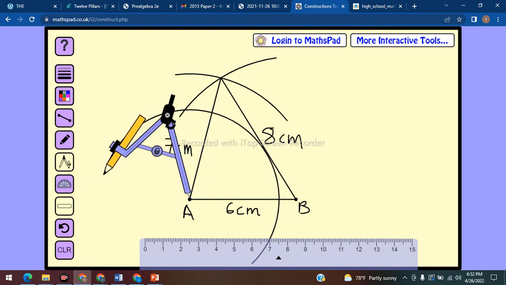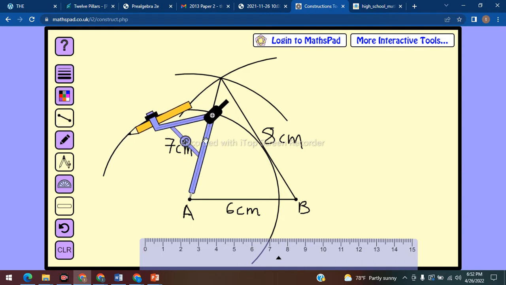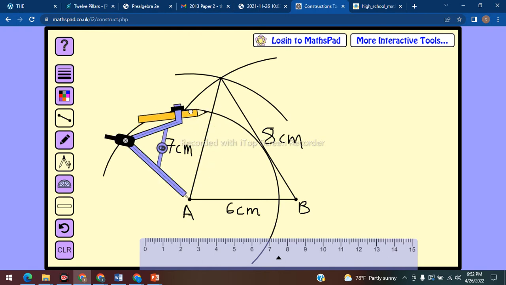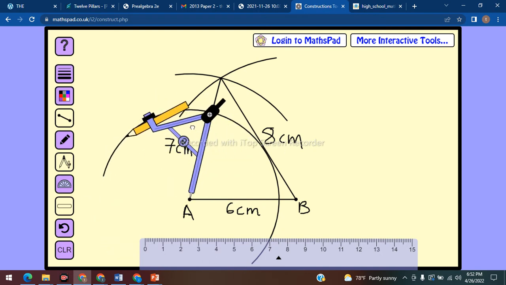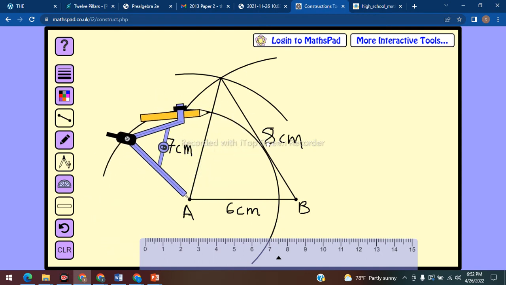Draw an arc. Good. Wait, can you do that one more time? So all I did was draw an arc. I went here, at this point. I want you to actually see it. I went here and drew the arc.